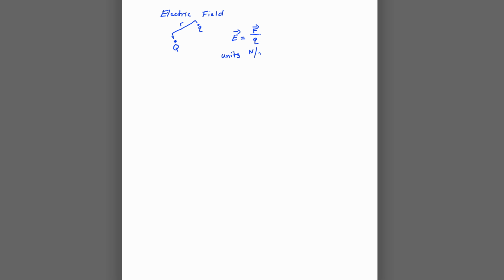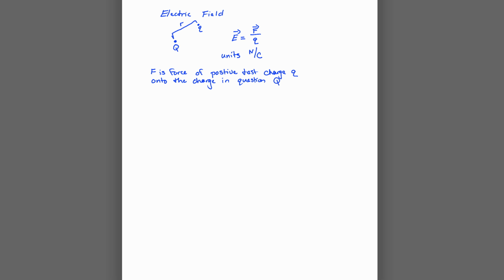And again, the force that we're talking about is the force of the positive test charge, which right now we're calling lowercase q, onto the charge in question, which we are calling capital Q. So it is positive, that's important, it's going to come back and play a role in a little bit.